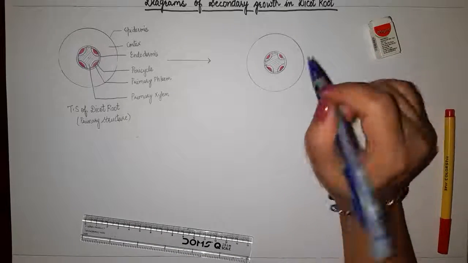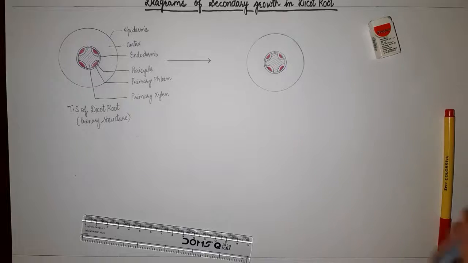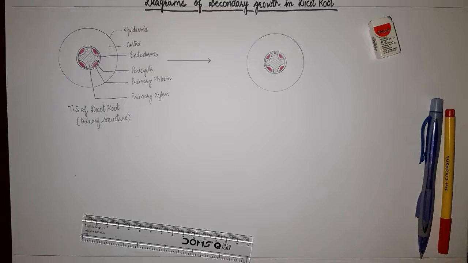So this is the primary structure. Now in this we will show the formation of patches of vascular cambium.